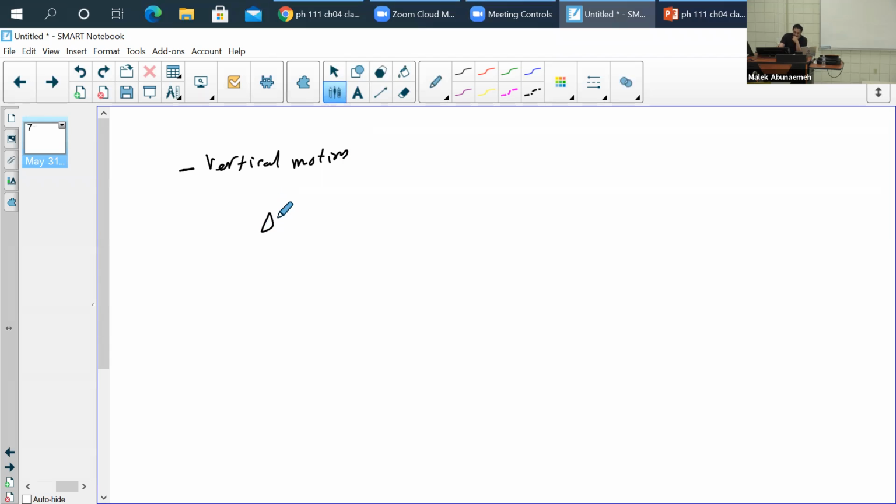That means your delta y, and let me write this down, your distance is v initial t plus a t squared over 2. That means your delta y in this case, because we're going along the y-axis, is going to equal your v naught in the y direction t minus a t squared over 2.